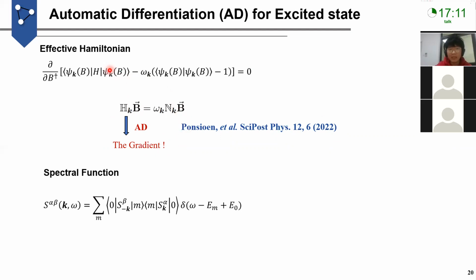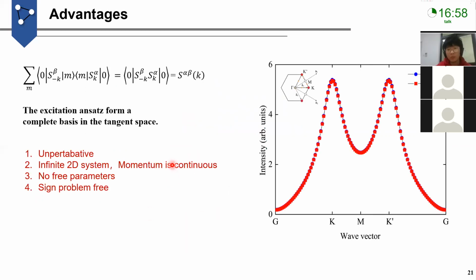With this eigenstate ansatz, we can also calculate the spectral properties, which will help us further clarify the excitation properties. Another point to note is that the excitation ansatz forms a complete basis in the tangent space.